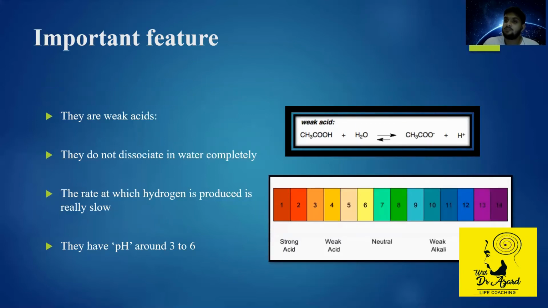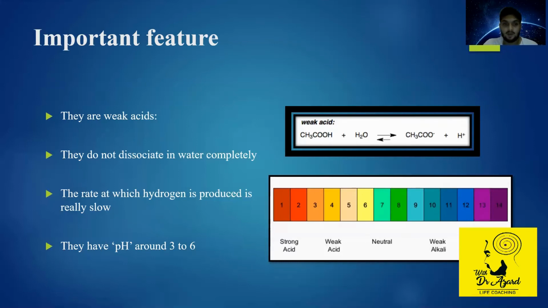There's a way that we are able to distinguish strong and weak acids. The factor is that weak acids do not dissociate in water completely. Dissociate is a big word, so in simple words, weak acids do not react with water completely, whereas strong acids will react with water completely.